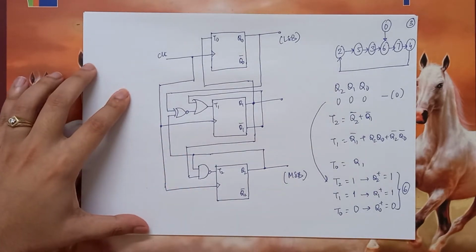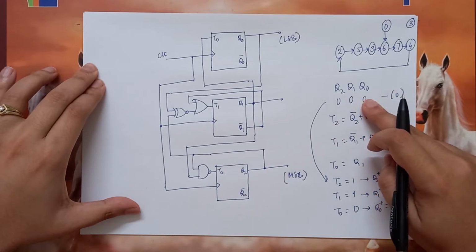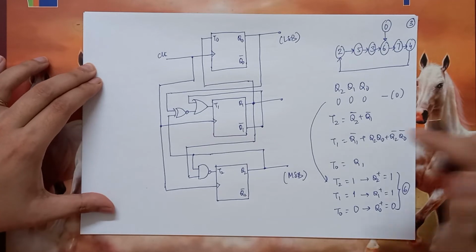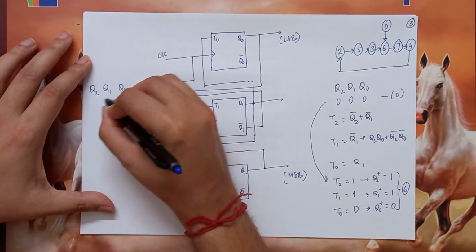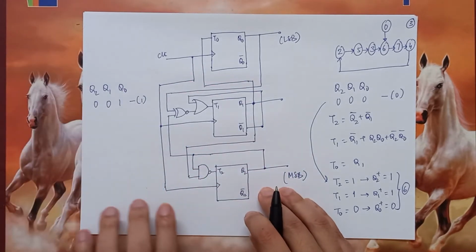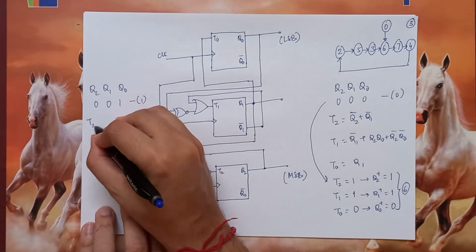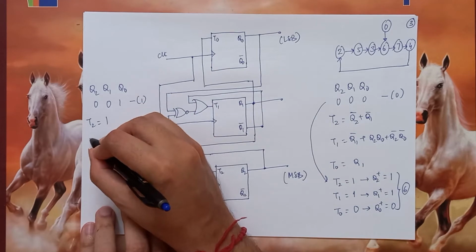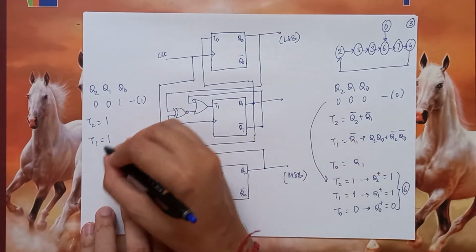So if Q2, Q1, Q0 is 1, then let's calculate this. T2 in this case will be what? Q2 bar plus Q1 bar, which will be 1. T1 will be Q1 bar plus something, which is again 1.